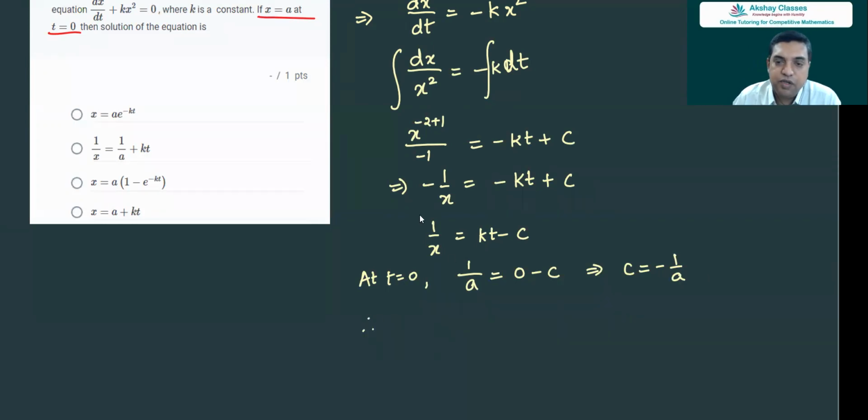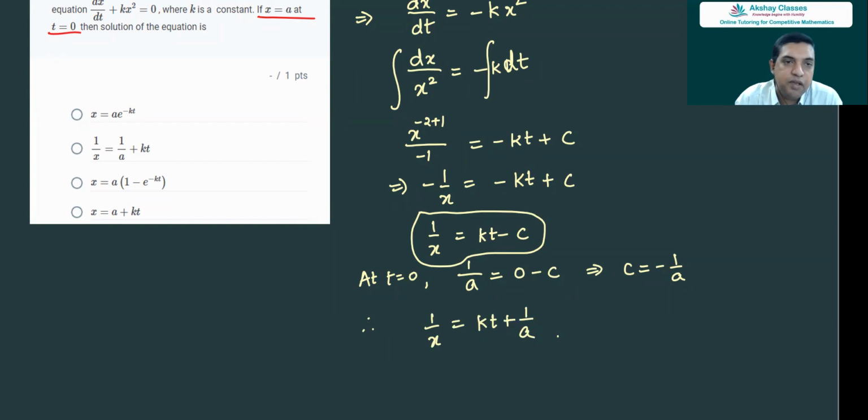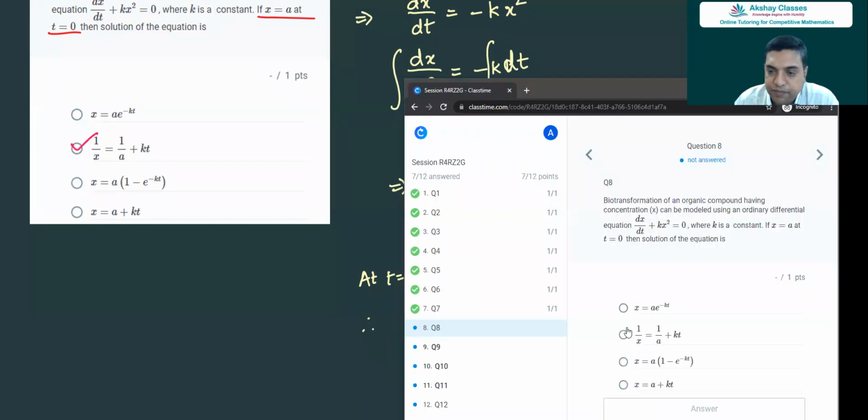Therefore, substitute c. 1 by x is equal to kt plus 1 by a. That's all. Very simple. So this is the correct answer. 1 by x is equal to kt plus 1 by a. Very, very simple solution.